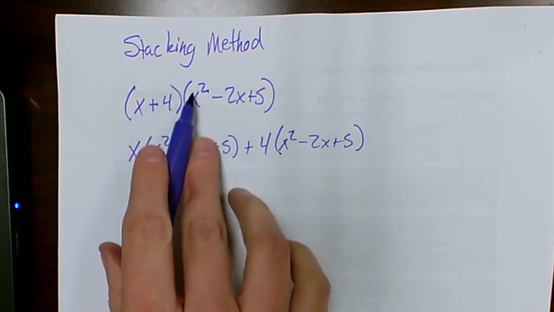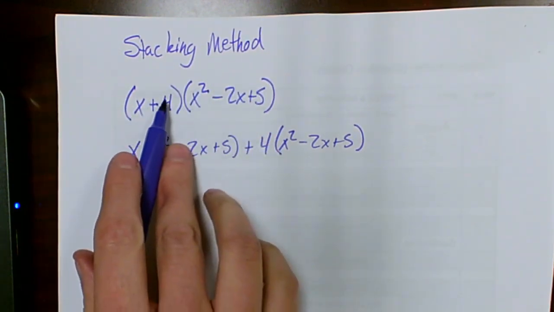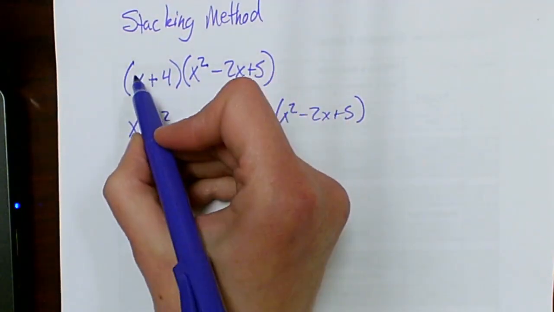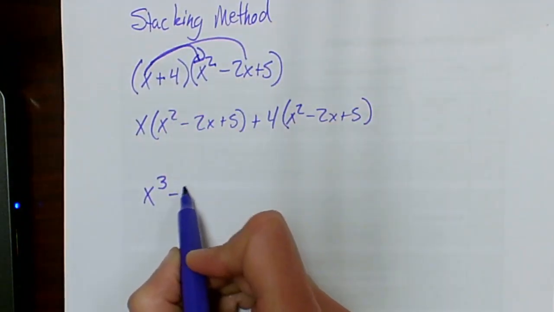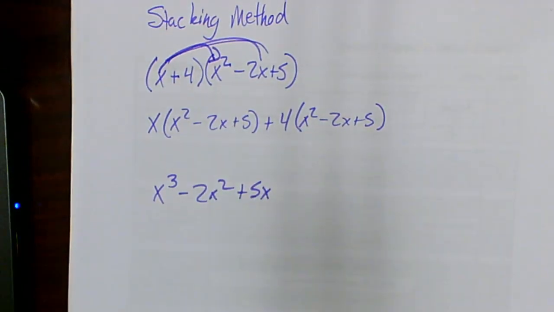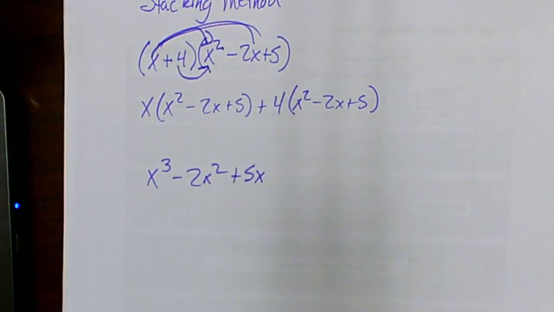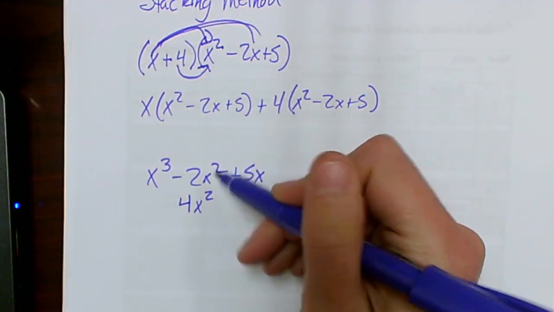We're taking x and distributing it through the trinomial, and then taking the 4 and distributing it through that trinomial. So I'm going to go back up here. This is x to the third minus 2x squared plus 5x. There's my first line. My second line will be for my 4 times x squared, that's 4x squared. I'm going to place it under here because they match.